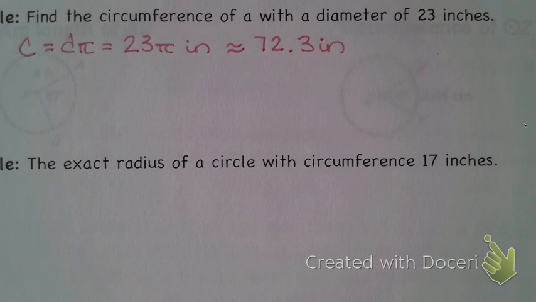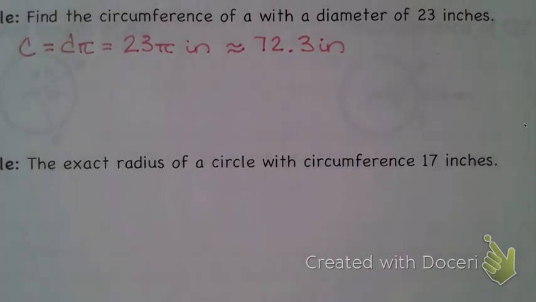Okay, first one went great, right? What's different about the second one? You're finding the radius instead of the circumference, so I have to move it around, right? The easiest way to move it around is before I put stuff in it.